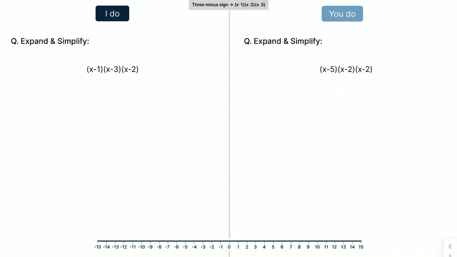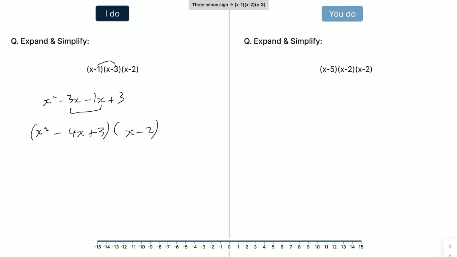And now we have got three negative signs. Again, the exact same manner, we are going to expand from left to right. So that is going to become x squared minus 3x minus 1x plus 3. Careful here with this and this one. And we're going to collect the like terms. These two are like terms. So that's going to become x squared minus 4x plus 3. And we're going to bring that bracket down.